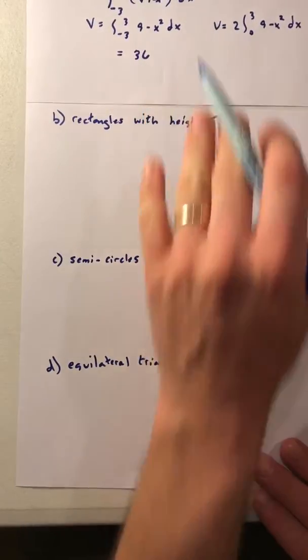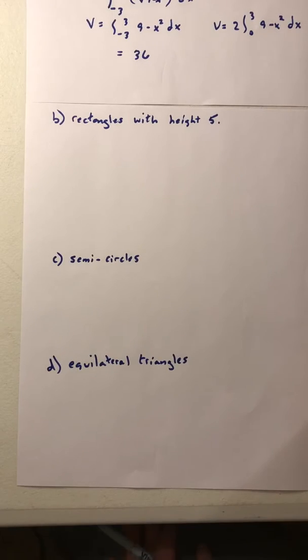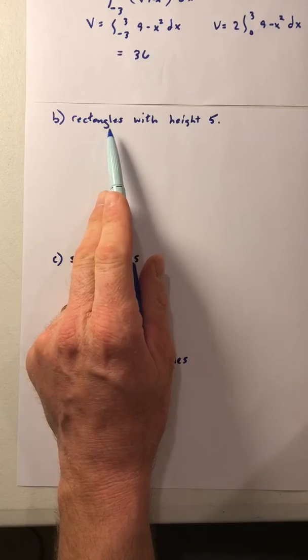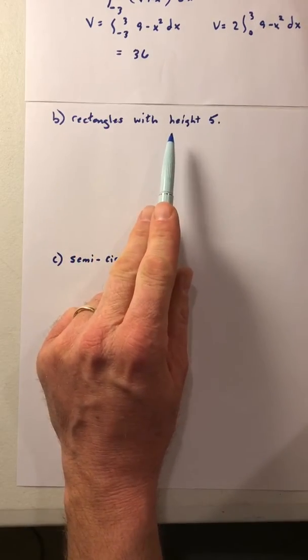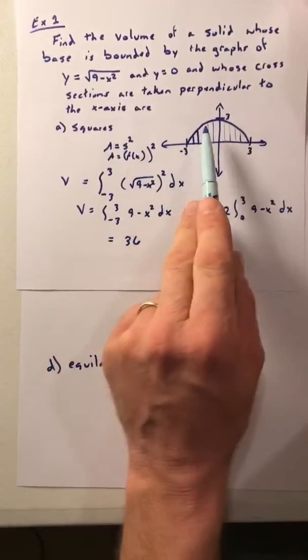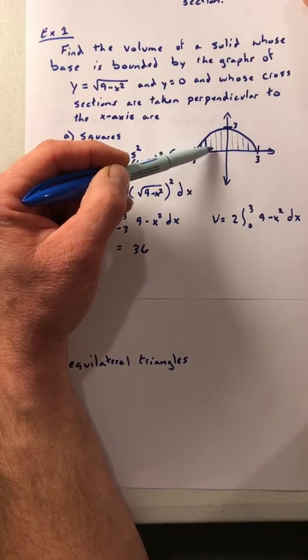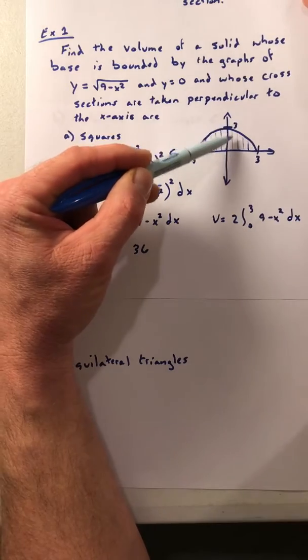Now, we are going to see this later on come into play. So in example B, we're going to find that we have rectangles with height 5. Again, I want to use that same figure, but now, instead of a square, we're going to put rectangles on each of these lines.